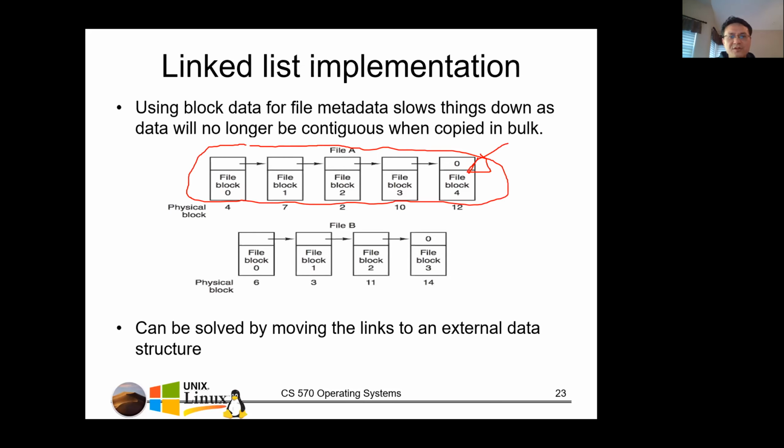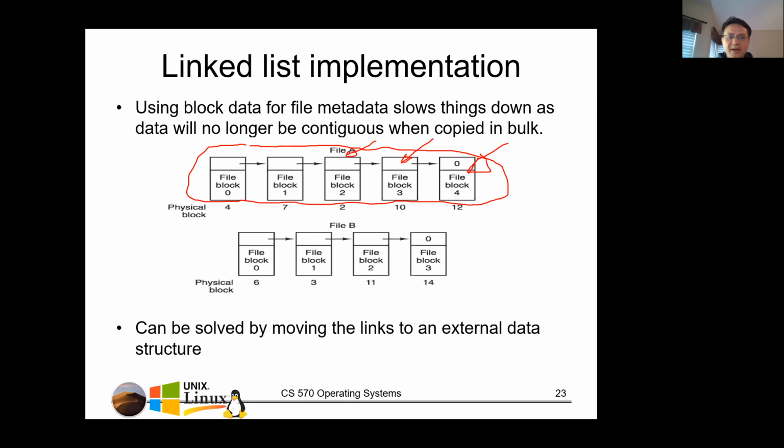So you have to traverse this linked list on the disk to find any position in the file. If the blocks are dispersed across the disk, it would incur horrible performance. So that's a major downside of this scheme.